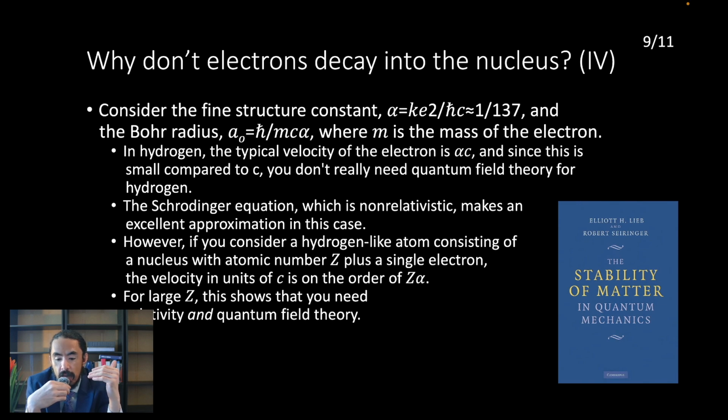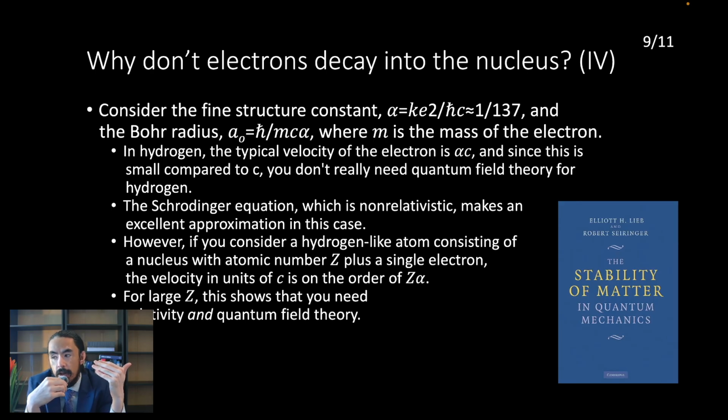And as this is getting larger, you're approaching a quantity Z times alpha, which is closer to the scale of lowercase c, the speed of light. And so for large Z, this shows that you really do need relativity, because not only will your electron be moving at relativistic speeds, but you'll also need quantum field theory to make these considerations.